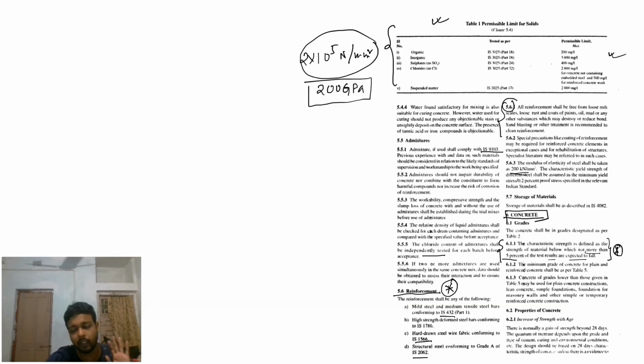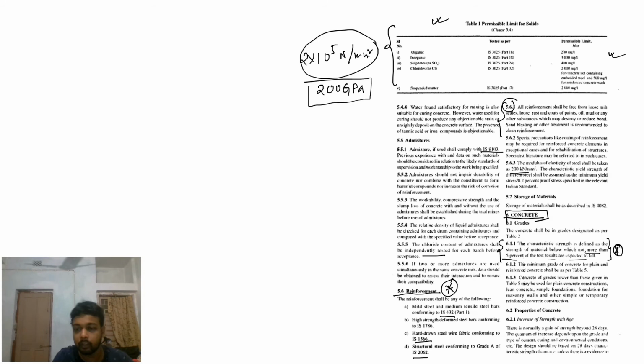That means I can say this grade's strength is 20 newton per mm square. But if 70 pass and 30 fail, then we are not approving it as that grade of concrete. So that is written here.